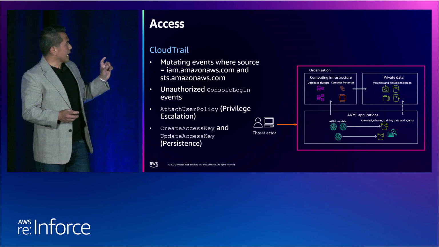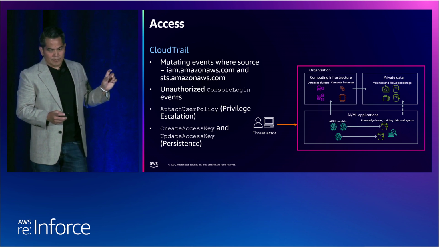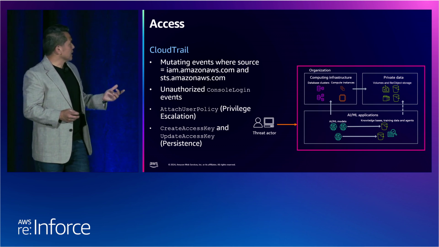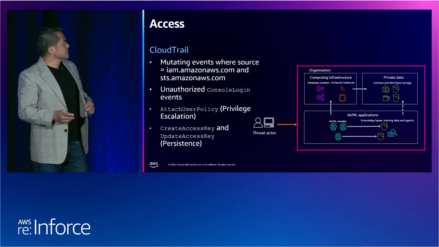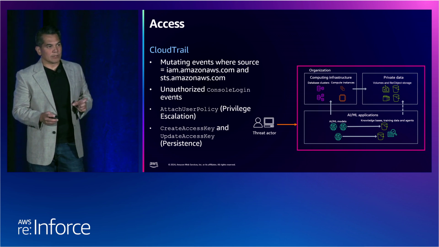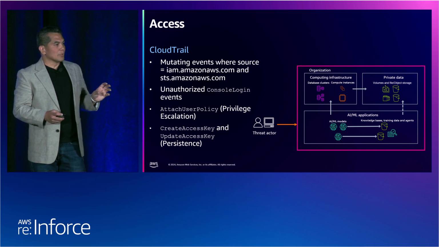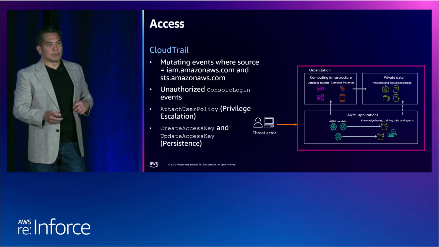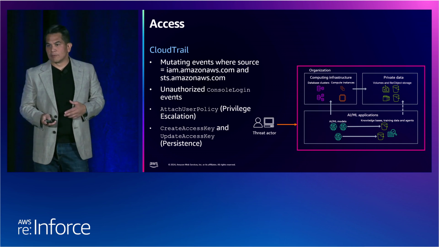So with access, for elements that have been performed in CloudTrail, we're looking at events where the source is iam.amazonaws.com. That's important because when you're looking at things like attach user policy, which is the third bullet point, that's a form of privilege escalation that we've seen quite often.